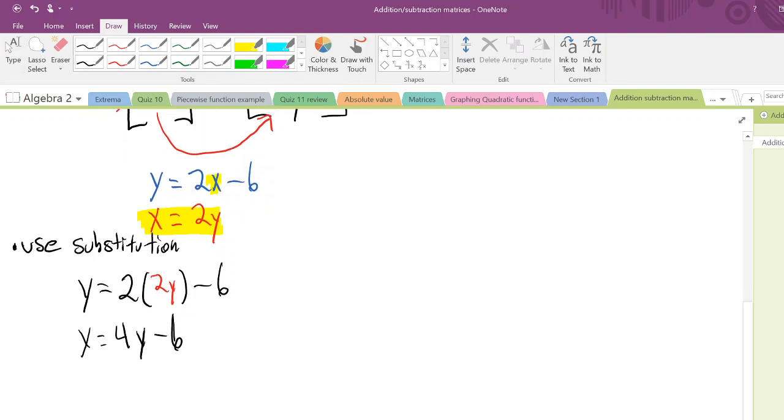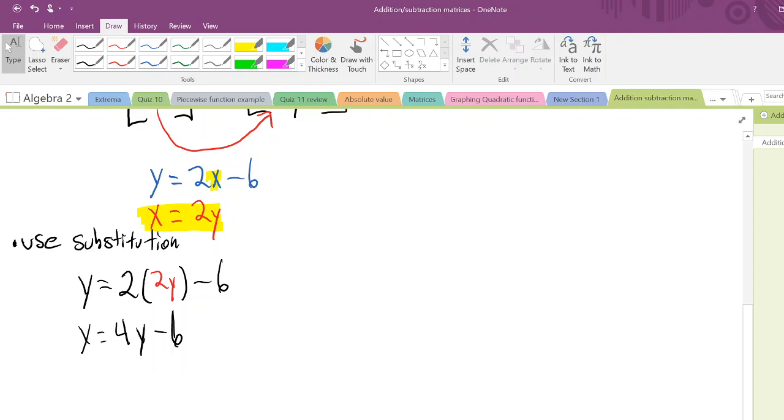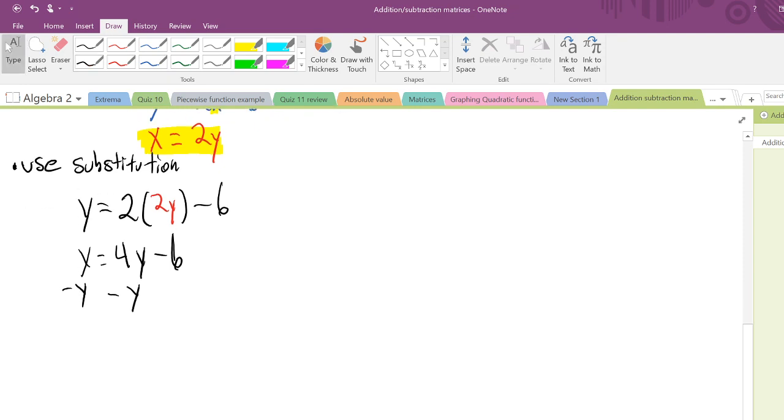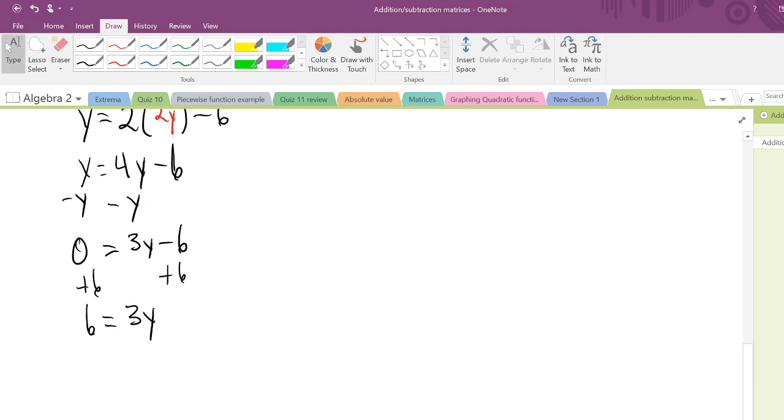Then I subtract my y over here, minus y, and I'm left with 0 is equal to 3y minus 6. Then I get rid of my 6 by adding 6 to both sides: 6 is equal to 3y. And last but not least, I divide by 3, so I get 2 is equal to y.